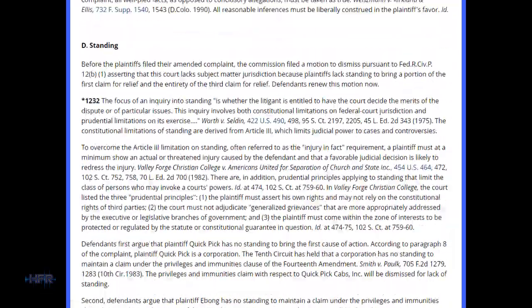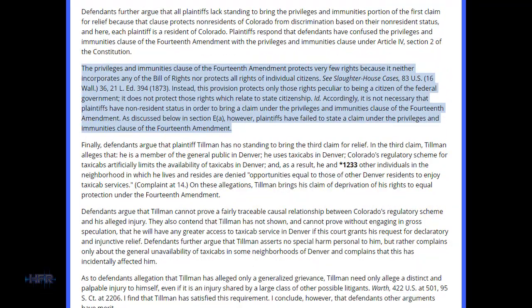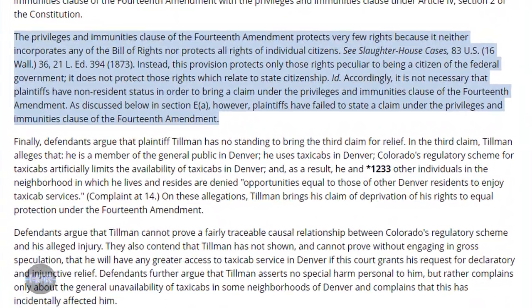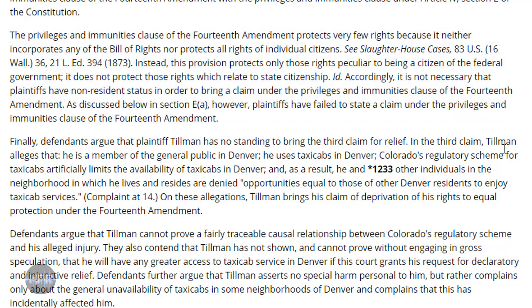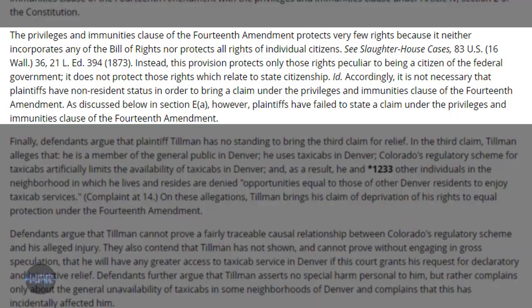And when you go down, you can read in the case, it says, the Privileges and Immunities Clause of the 14th Amendment protects very few rights because it neither incorporates any of the Bill of Rights nor protects all rights of individual citizens. And notice how they wrote the word citizens. See Slaughterhouse Cases. And it goes on, it says, instead, this provision protects only those rights peculiar to being a citizen of the federal government. It does not protect those rights which relate to state citizenship.